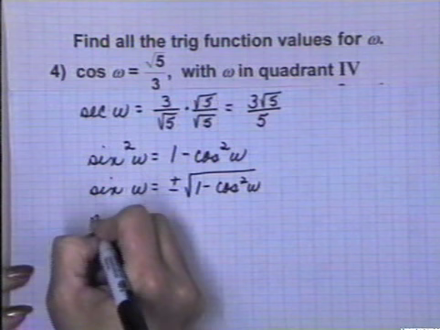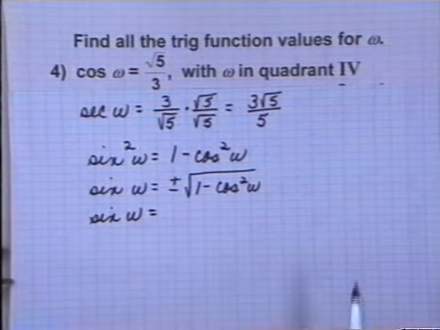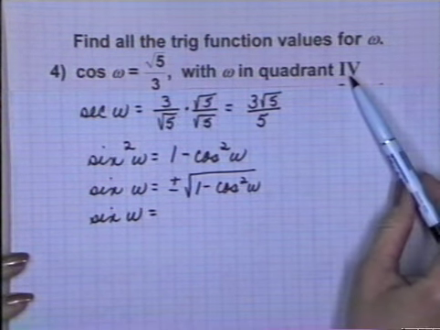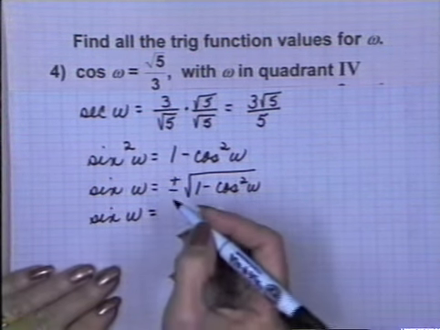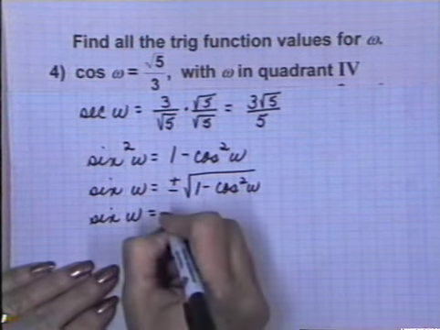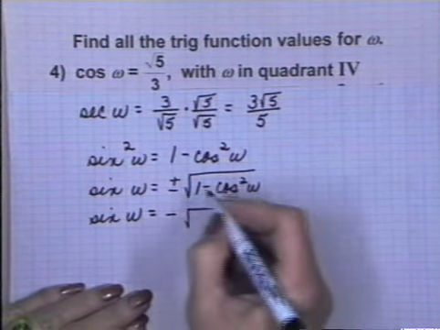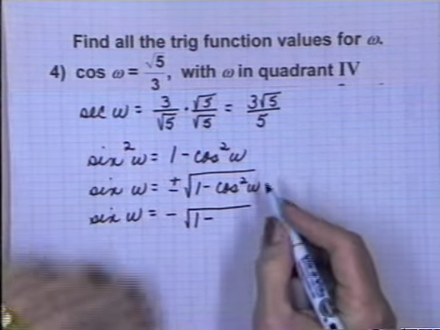Now let's decide whether the sine of omega will be a positive number or a negative number. Because omega is in the 4th quadrant, the sine function of angles whose terminal sides are in the 4th quadrant is negative.